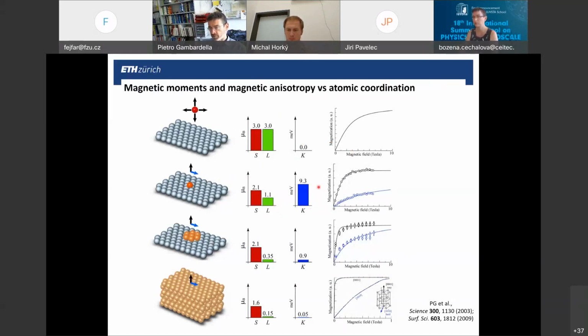We have an onset of magnetic anisotropy for magnetization measured out of plane or in plane. And then these moments, in particular the orbital moment, further reduce upon increasing the coordination of the magnetic atoms on the surface by forming larger clusters. The anisotropy also reduces, and this then continues in thicker films and bulk systems.